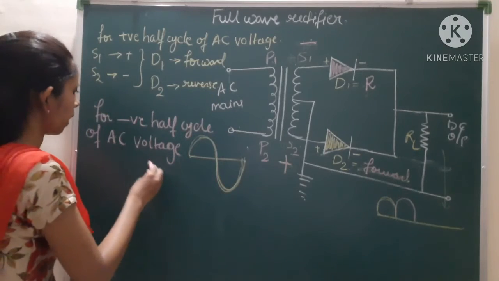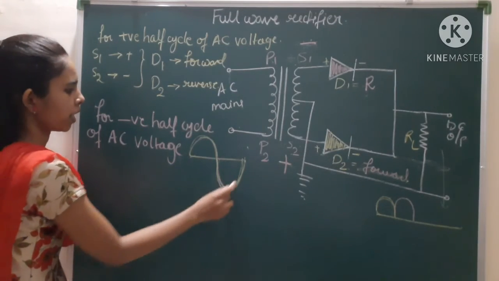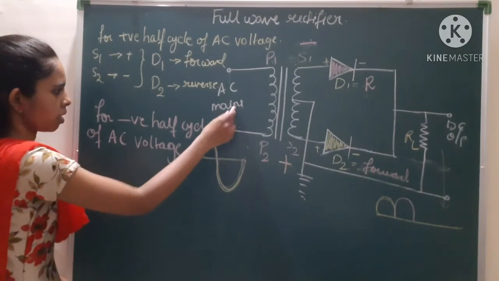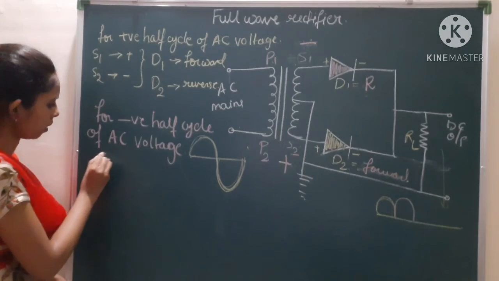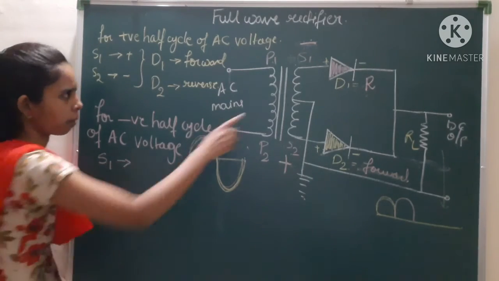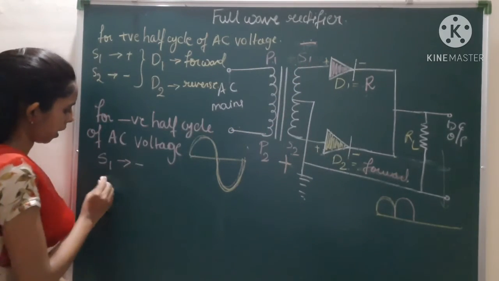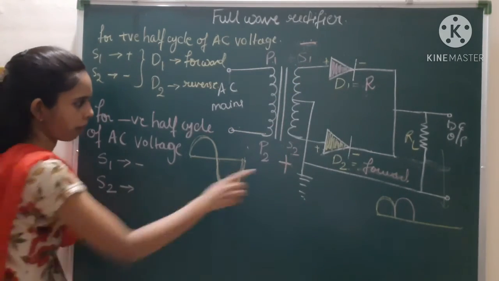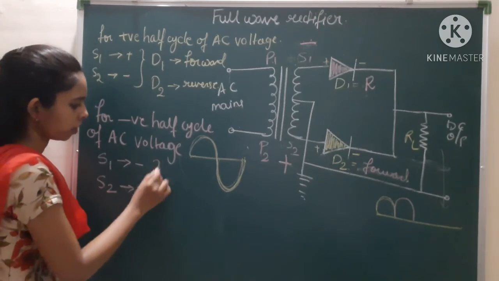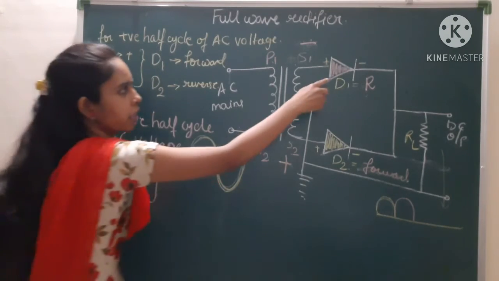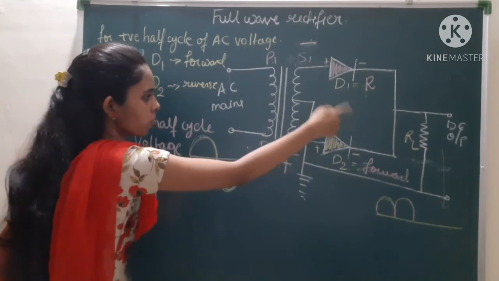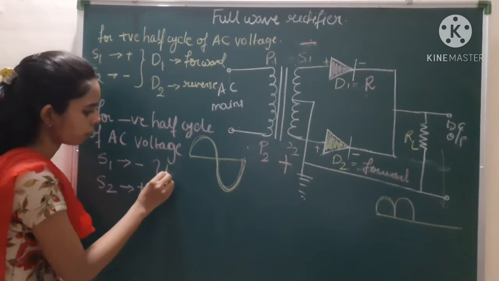So therefore you can write that for negative half cycle of this AC voltage, yes, S1 is becoming minus and S2 is now becoming plus. Now due to this, the diodes are going to work in reverse bias and forward bias.